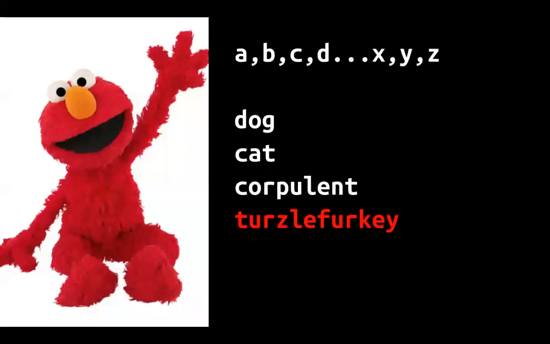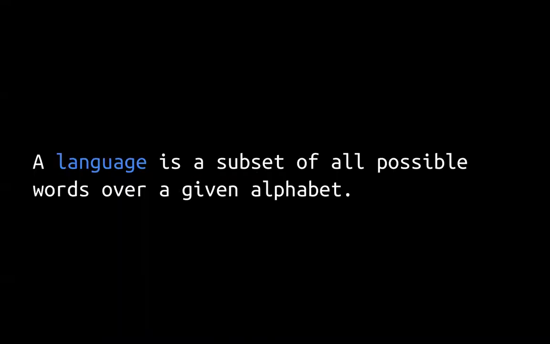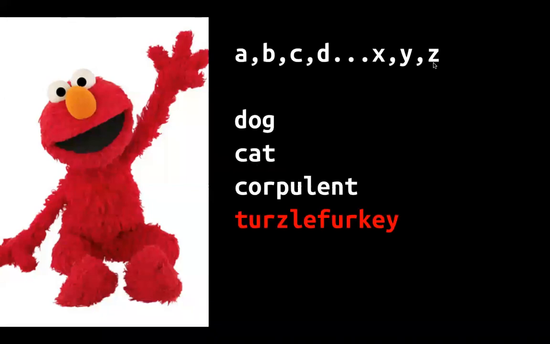Some of you may speak other languages, but if you think of a language by that definition, a subset of all possible words over a given alphabet, our English alphabet, A through Z, can be combined in an infinite number of ways into different words. And if you take a subset of the words you can form by combining the letters A to Z, English words are a subset of those combinations.